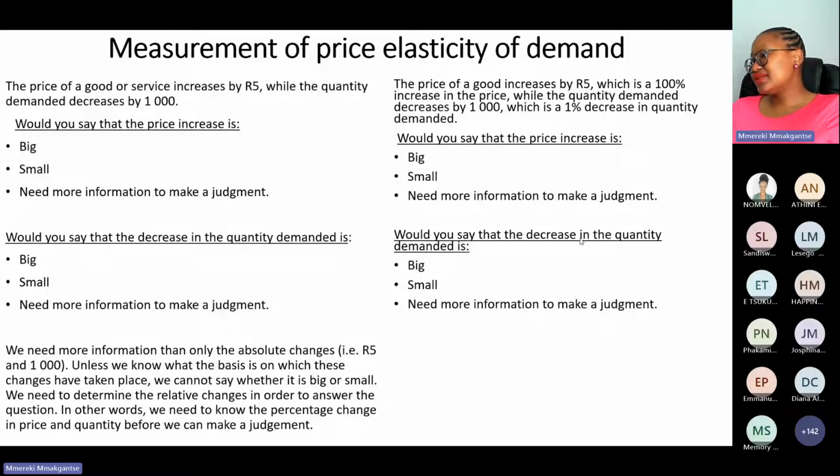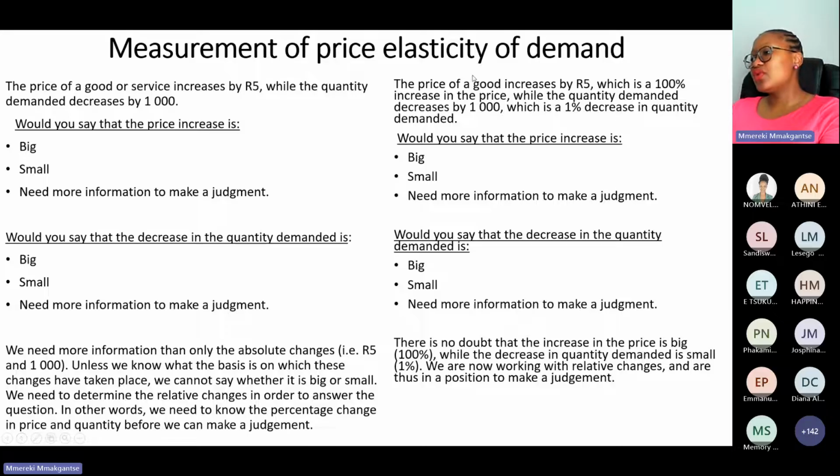Would you say the decrease in quantity demanded is big, small, or we need more information? There's no doubt that the increase in price is big, because we are told it increased by 100%.